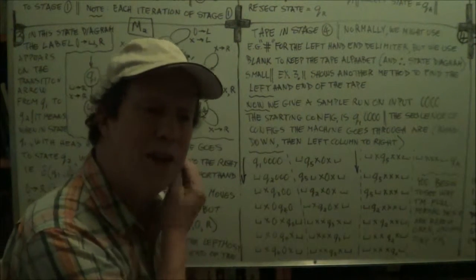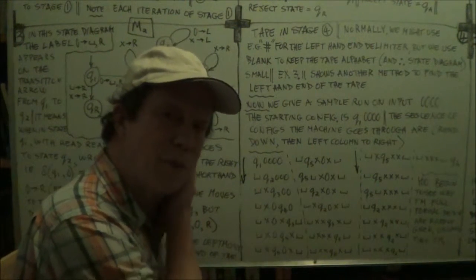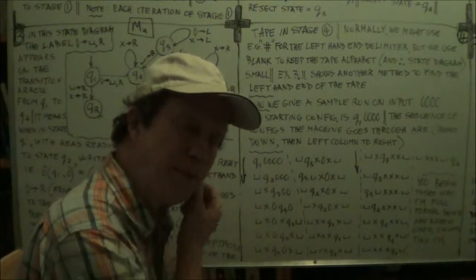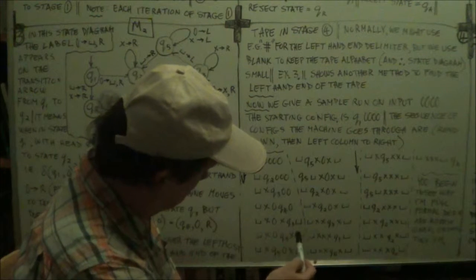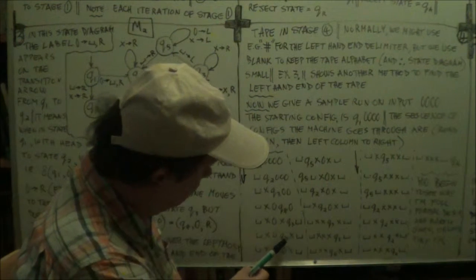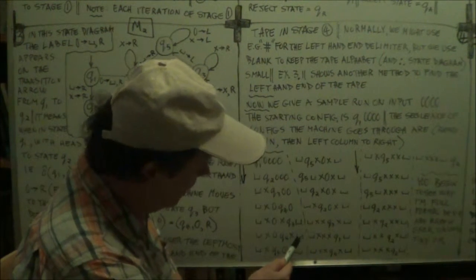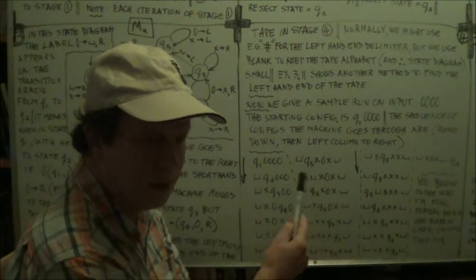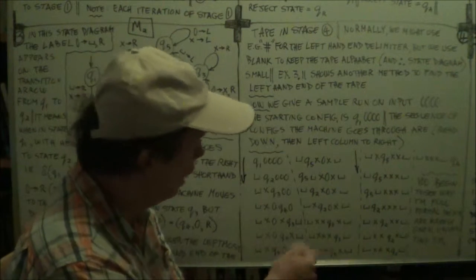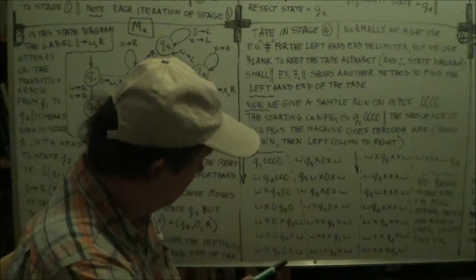And figuring out when to go to a new state, that's part of the art of the design. So we're now in a different state, Q5, and while we're in Q5, we just stay there. We don't scan anymore. We're not modifying anything on the tape. We're just heading back to the left-hand side.